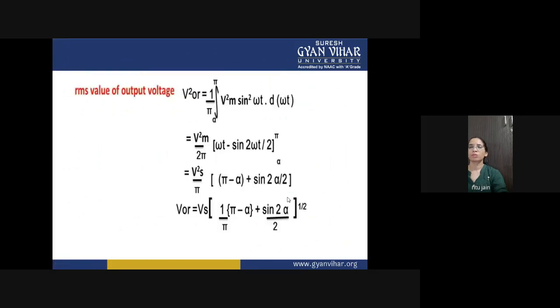Now, if you want to derive the equation for the RMS value of the output voltage, what you have to do?